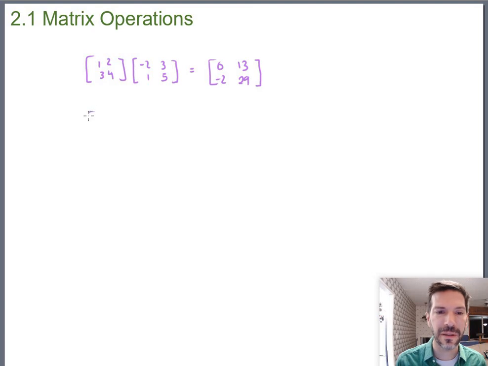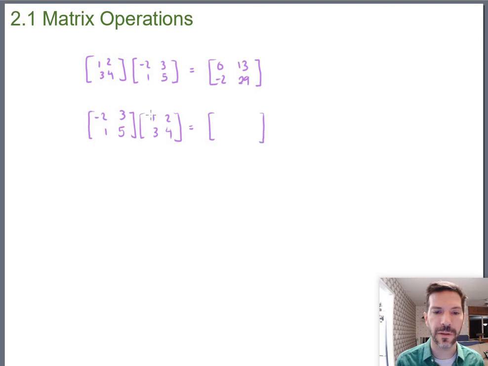So let me just multiply these two matrices together in the other order. Okay, so let's do the first row by the first column to get the first row first column spot.